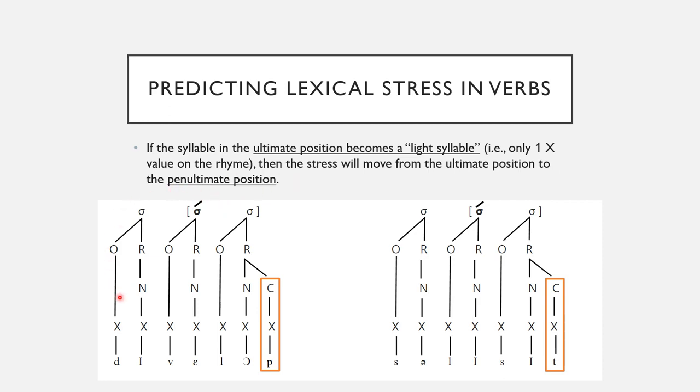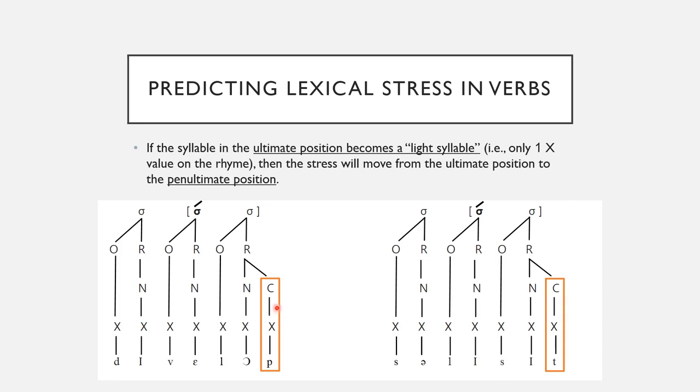Let us consider the words develop and solicit. Now, in the case where the syllable in the ultimate position becomes a light syllable because of the disappearance of the extraprosodic consonant, the metrical foot determines the lexical stress.